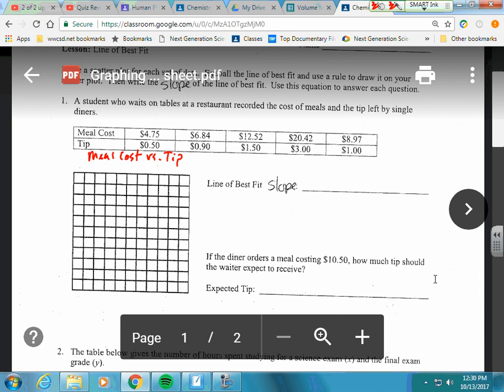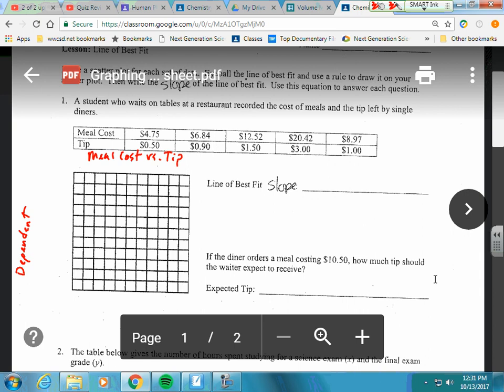All right, next order of business is that we got to label the axes, which means we got to put the proper variable on the proper axis, and we need to label it correctly. So here's how we do that. You need to know that the responding variable, also known as the dependent variable, goes on the y-axis. In a lot of cases, you can just talk about the two variables: this depends on that, or that depends on this, and you can figure out which one goes on the y.